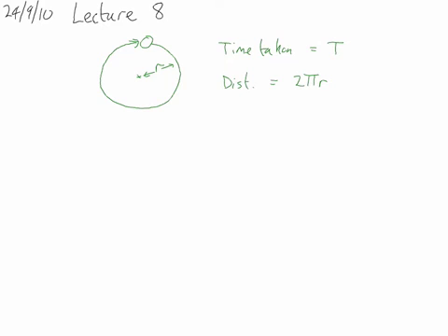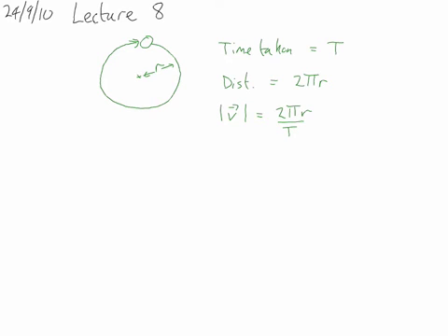So the speed, which is the distance traveled divided by the time, not the velocity, right? If we were doing average velocity, it would be the displacement divided by the time. But here we want to calculate the speed. Then the speed, which is the magnitude of the velocity, is equal to the distance traveled, 2 pi r, over T, right?